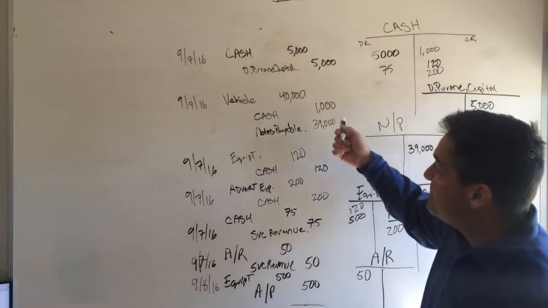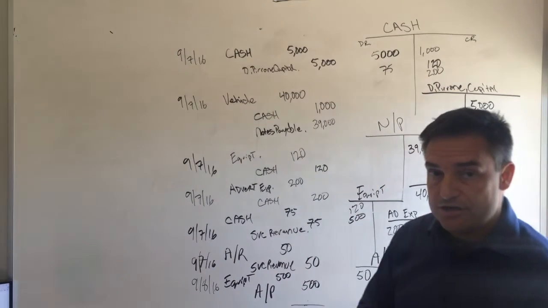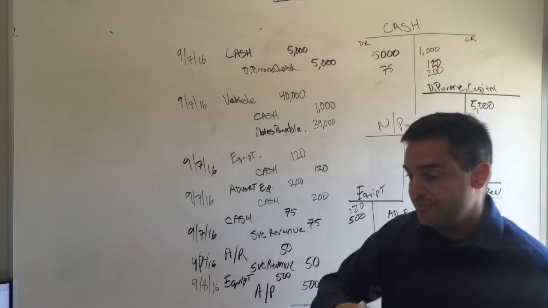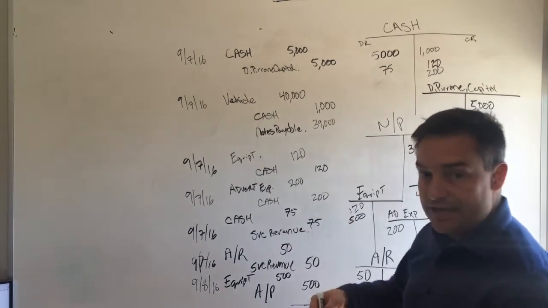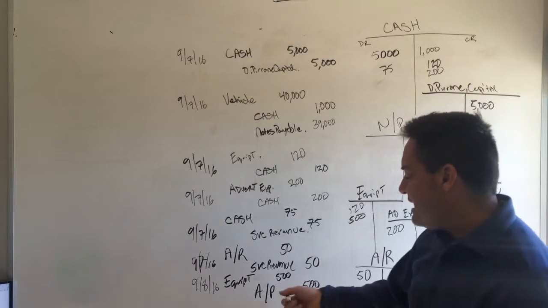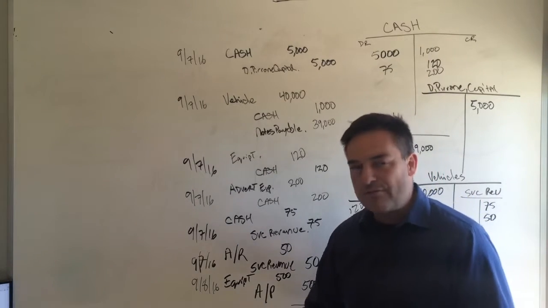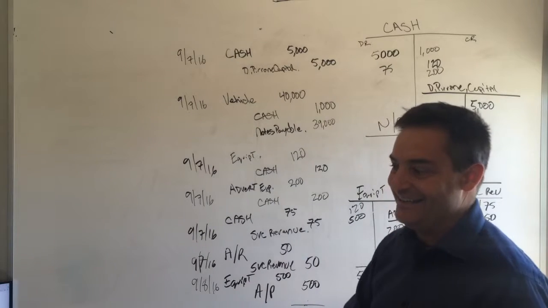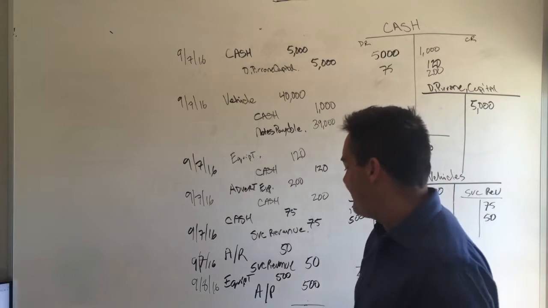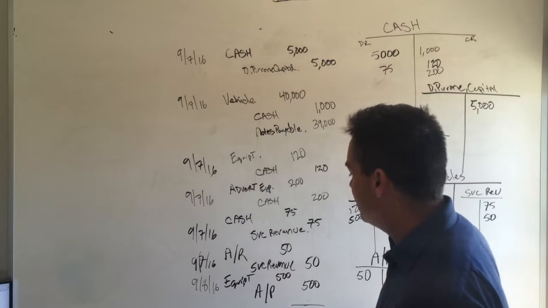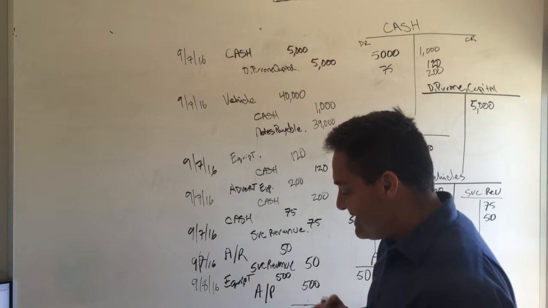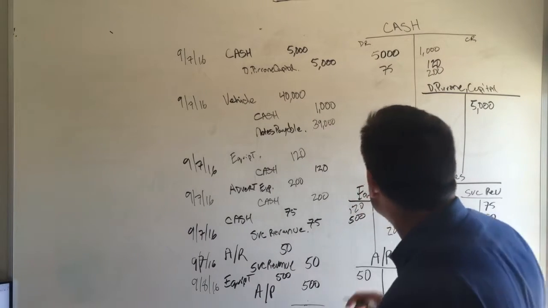Now we did a notes payable before, and the difference between a notes payable and accounts payable is that with a notes payable you actually signed a promissory note to pay back the amount. Here, $500, probably we're not going to have to sign any promissory note. It's just going to be based on our goodwill or credit.